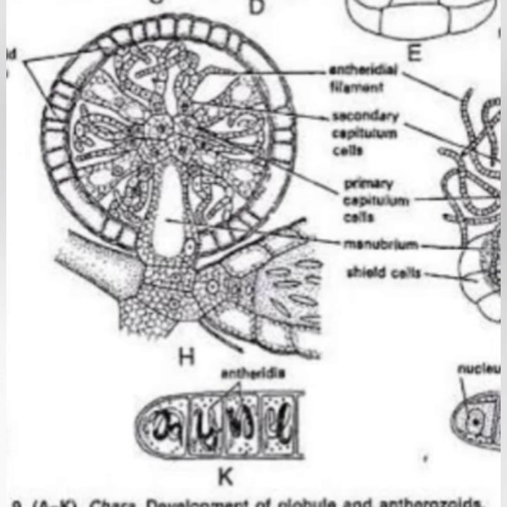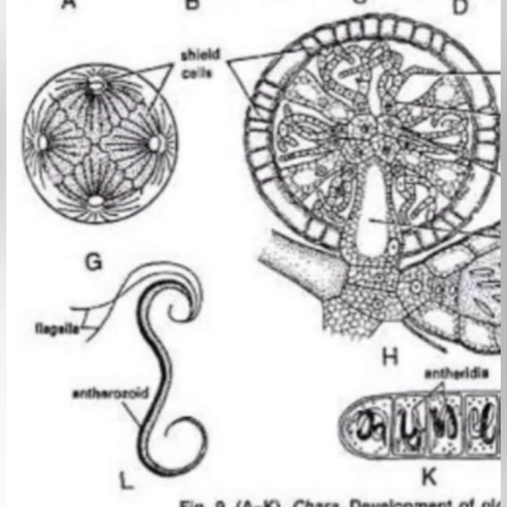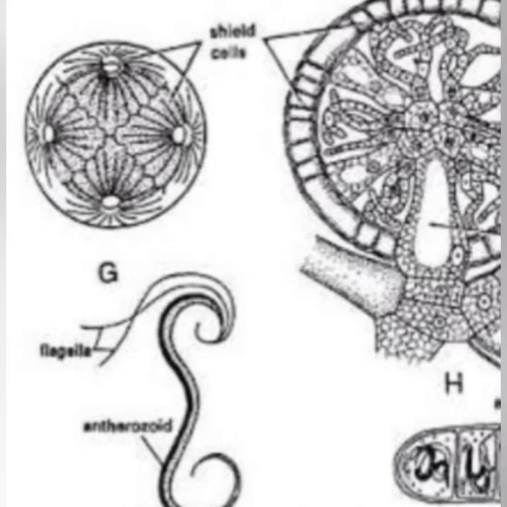So inside each cell you can see the antheridia. Here the antherozoids will form. Now just take a look at figure L here. The antherozoid which is formed is spirally coiled and it is also biflagellate. Why? Because you can see here there are two flagella, bi meaning two.